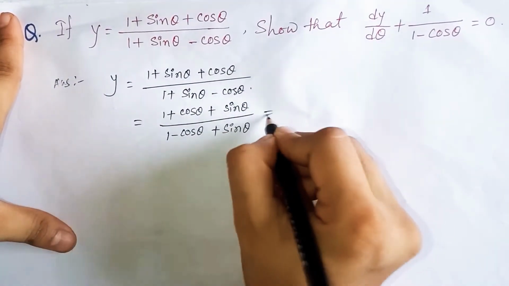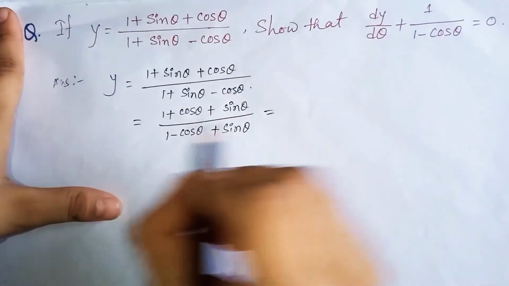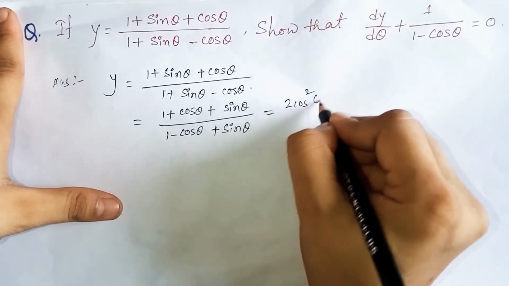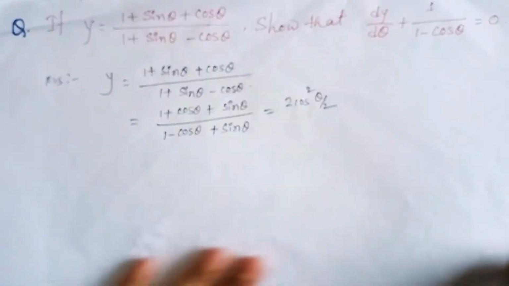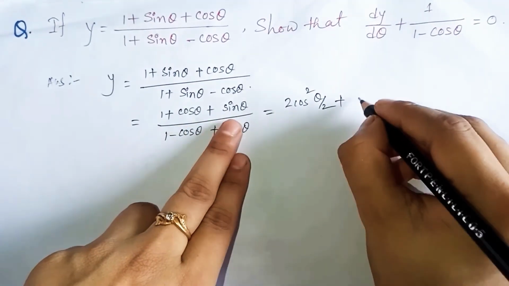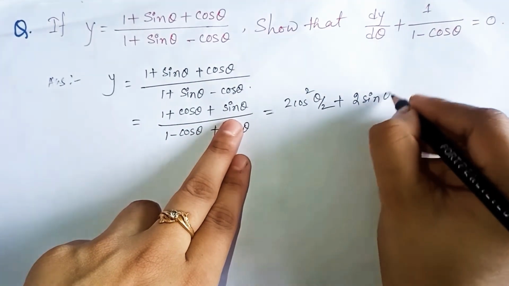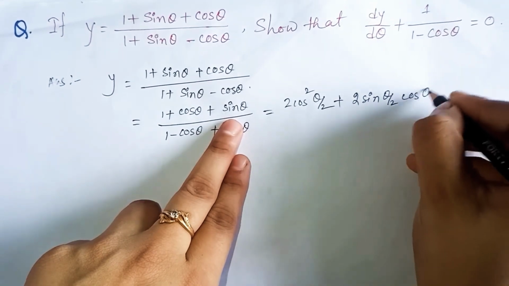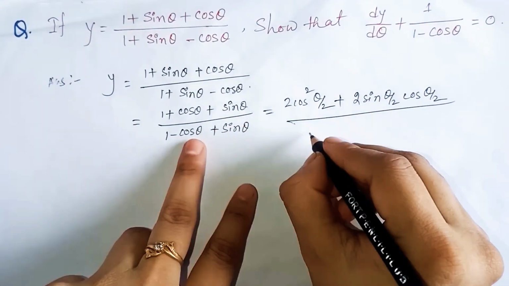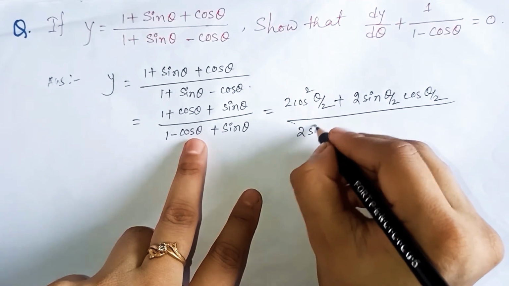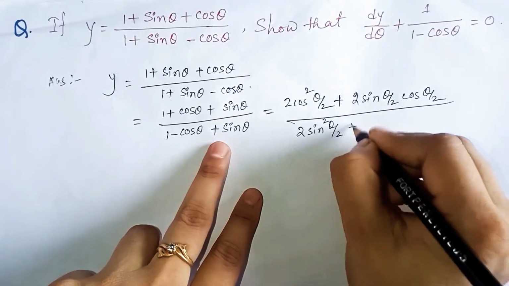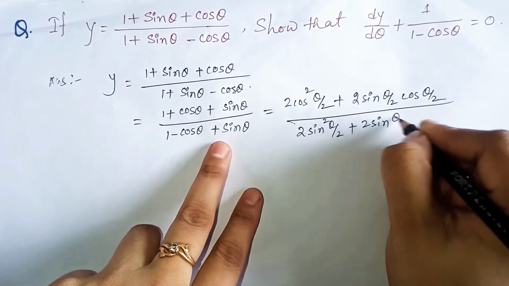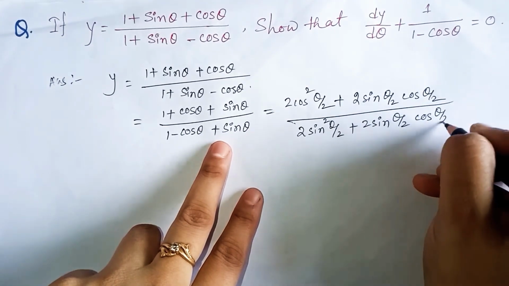So 1 plus cos theta means 2 cos square theta by 2, right? And sin theta means 2 sin theta by 2 into cos theta by 2, right? And the 1 minus cos theta means 2 sin square theta by 2, plus 2 sin theta by 2 into cos theta by 2.